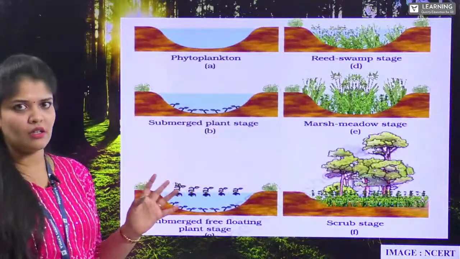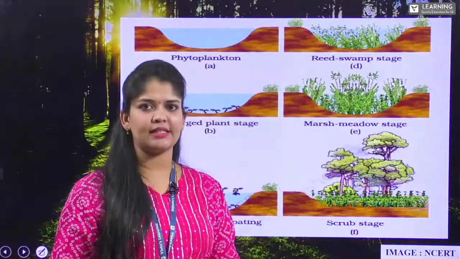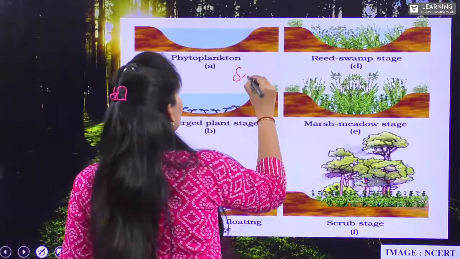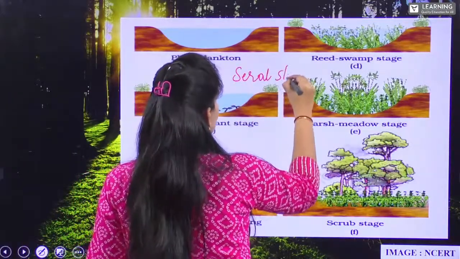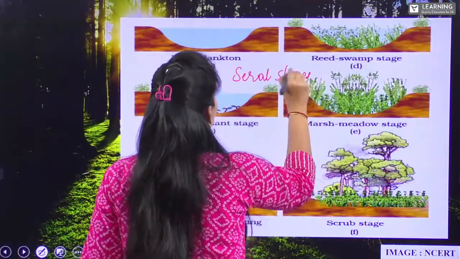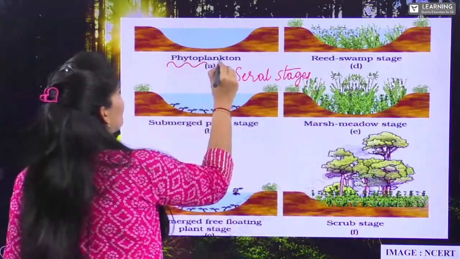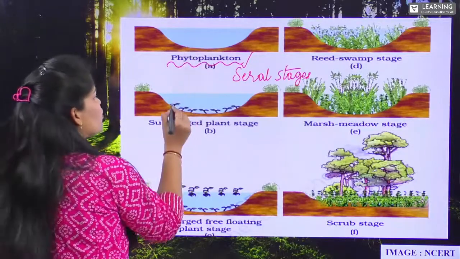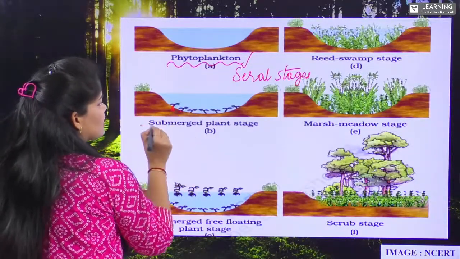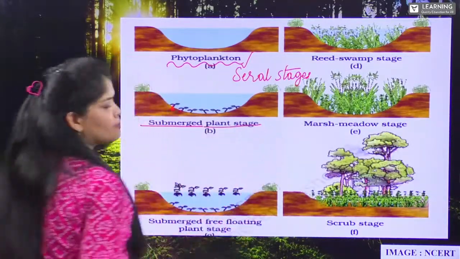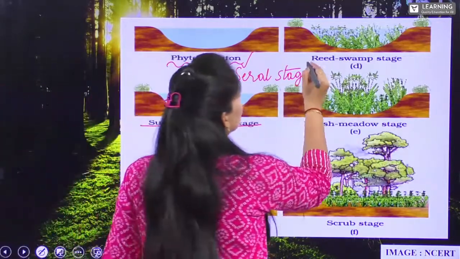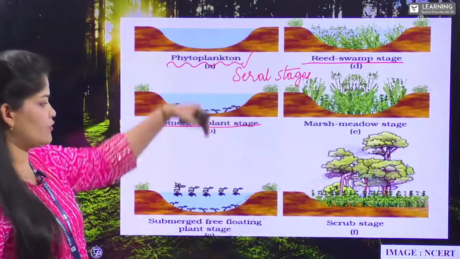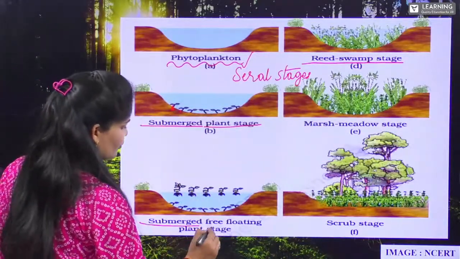This is an image taken from your NCERT textbook, which shows the different seral stages. Like we already know, it is phytoplanktons as the initial stage, then the submerged plant stage, then reed swamp stage.